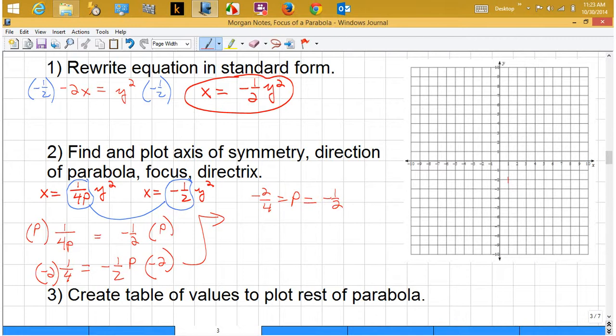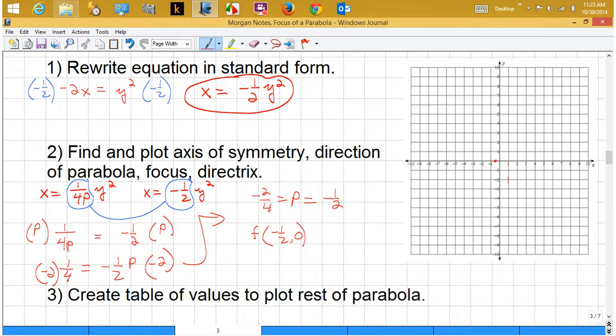Okay? Now remember, let's look at this, and we see that it is going to open left or right, and because of the negative sign, it'll open to the left. I know my value of p, it's negative 1/2. So my focus will be on the x-axis, and in fact, it's going to be right here. So the focus is going to be at (-1/2, 0).